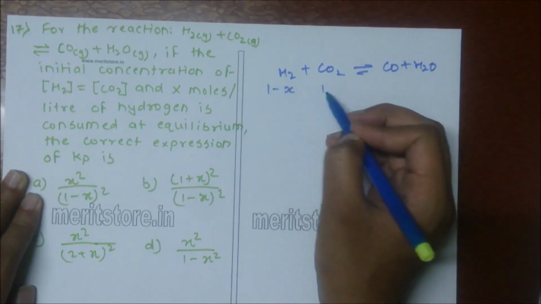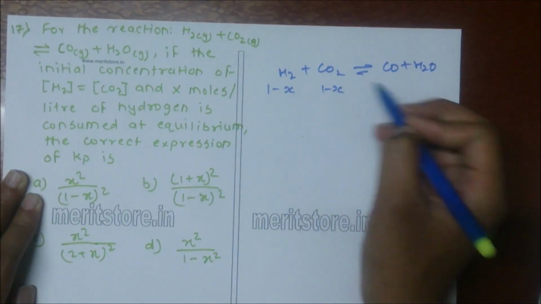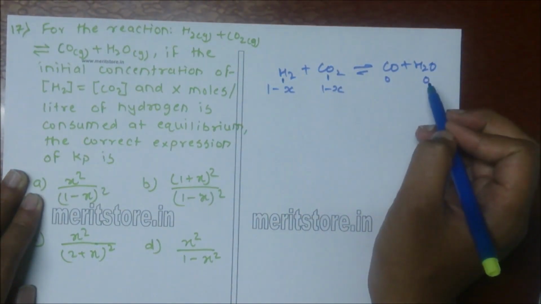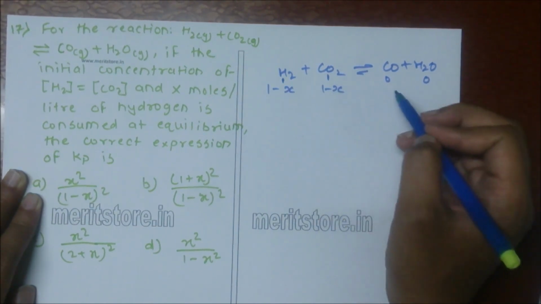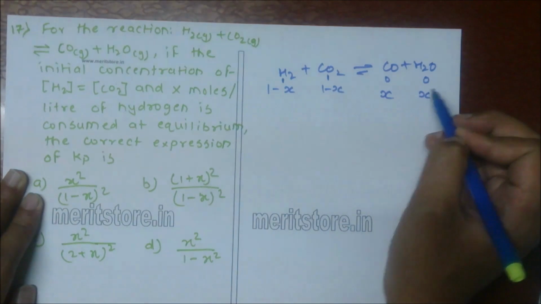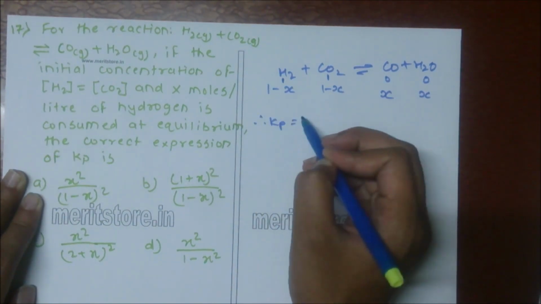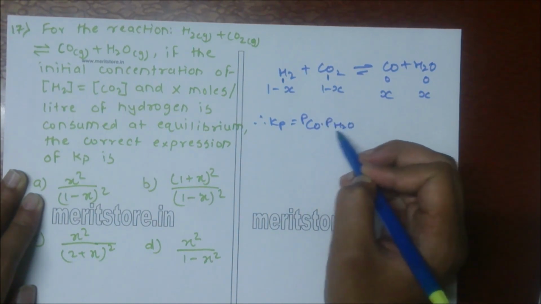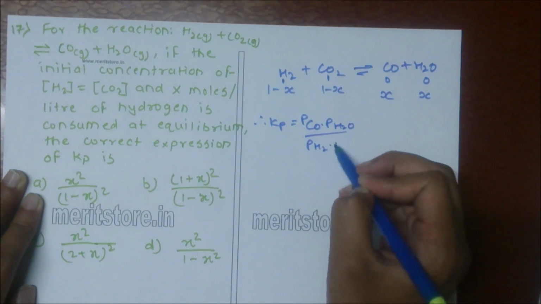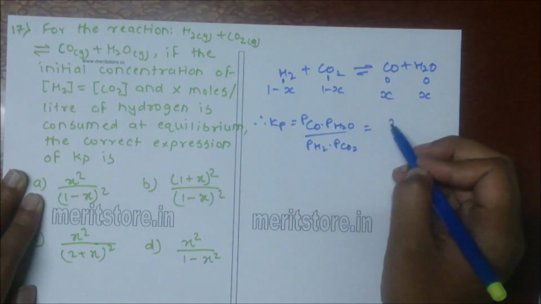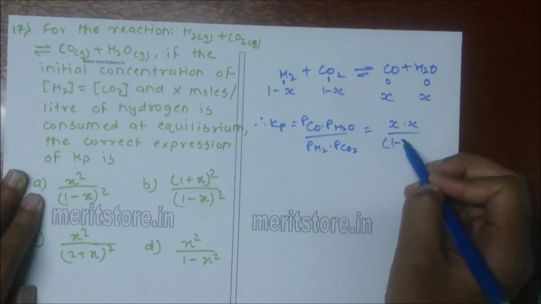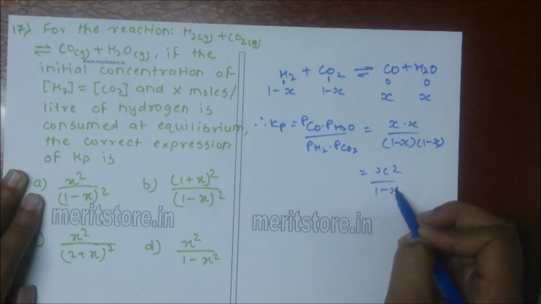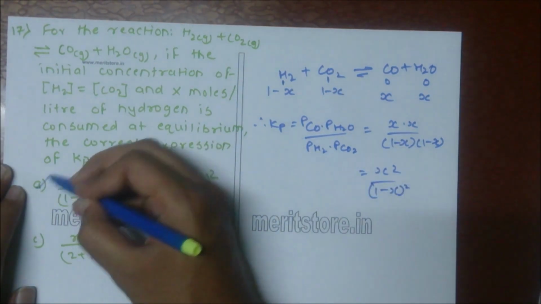Initial concentration is 1 and 0 for the products. At equilibrium we get 1 minus x, 1 minus x, and the products are x, x. Therefore we can write the value of Kp as the partial pressure of carbon monoxide into the partial pressure of water divided by the partial pressure of hydrogen into the partial pressure of carbon dioxide, which is equal to x dot x divided by 1 minus x into 1 minus x, equal to x square upon 1 minus x the whole square. So option A is the correct answer.